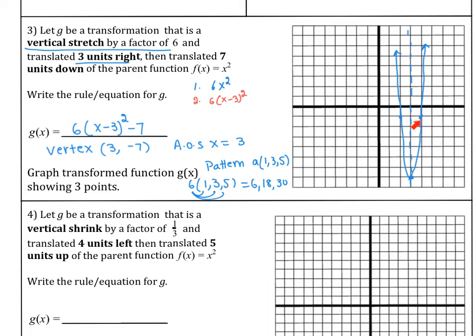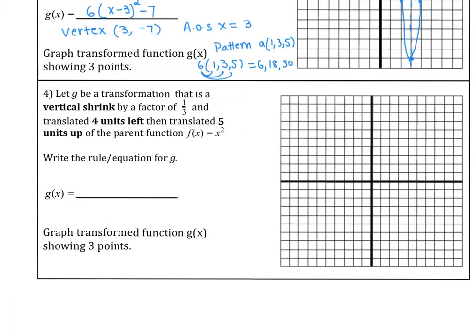And from here you can go 18 up and over 1, which I'm not going to. So 3 points are enough to make a graph. So here is my graph that is vertically stretched by 6 and moved 3 units to the right and 7 units down. Question number 4.